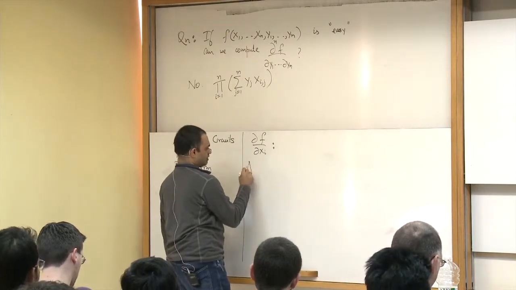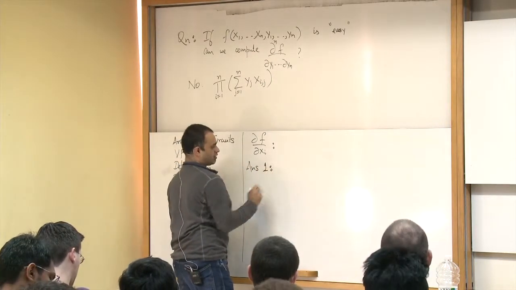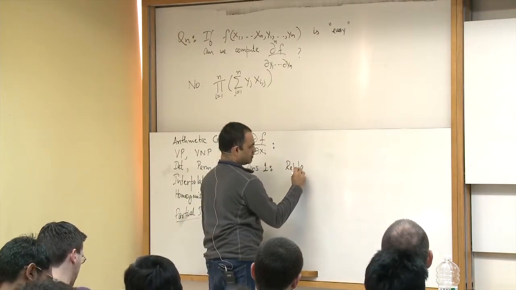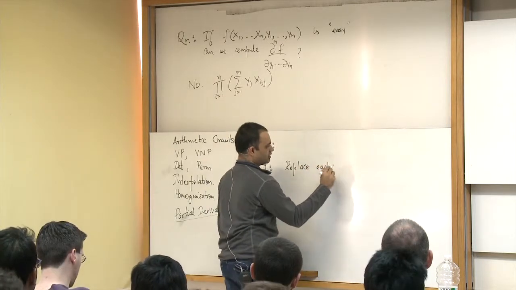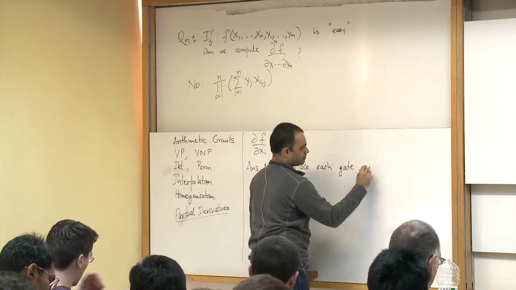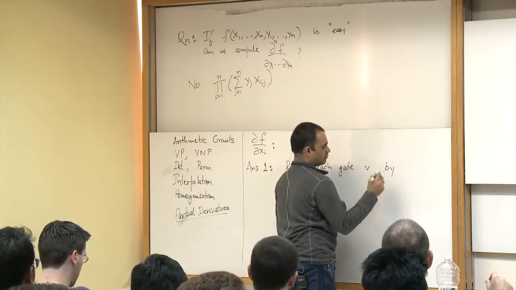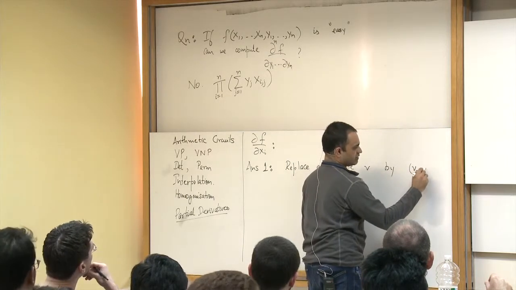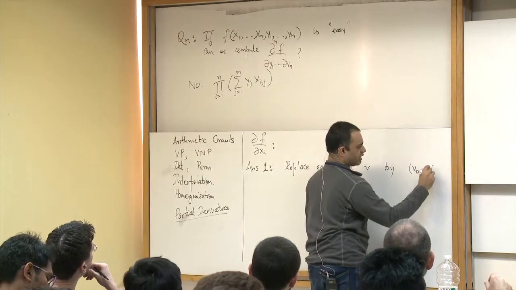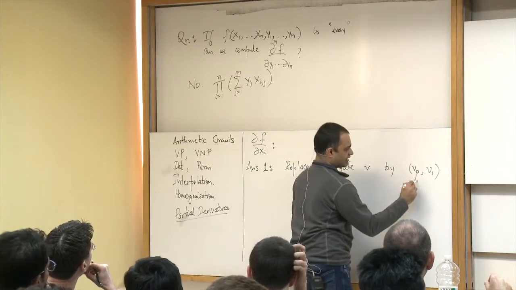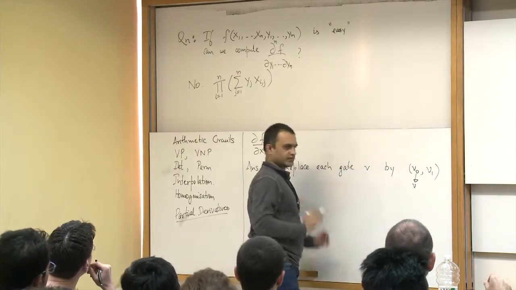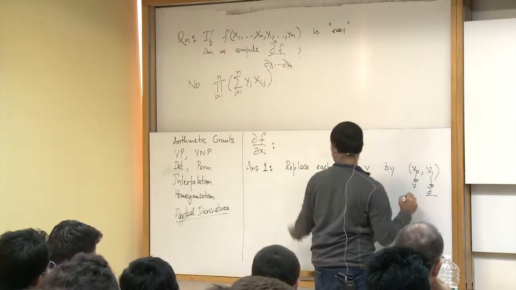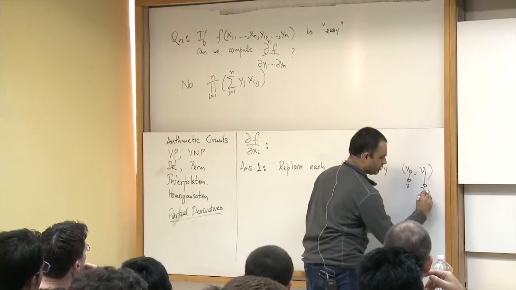So let's say answer 1, replace each gate v by v0 and v1. What is this supposed to be? This one is just a copy of v. It doesn't do anything. But this one is supposed to be the partial derivative with respect to the variable, what did I choose, xi, of v.